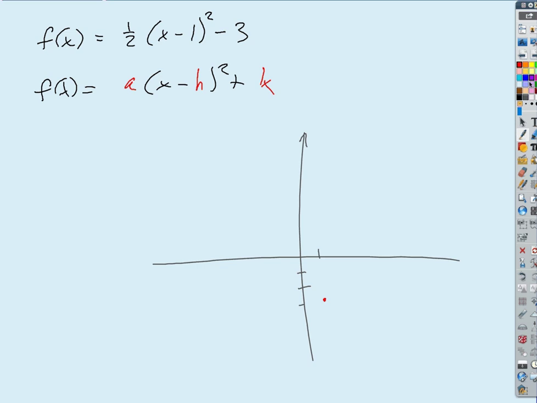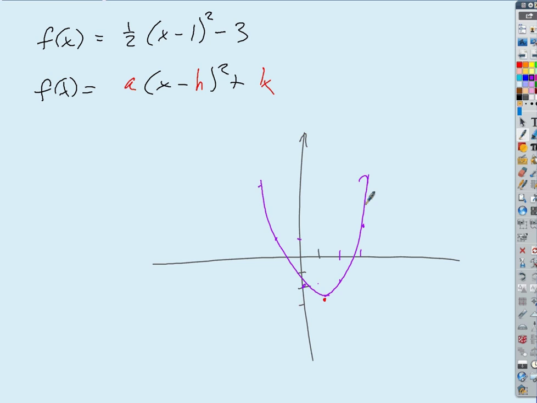For a normal parabola, when I go 1 to the right, how much up do I go? 1. When I go 2 to the right, I go up by 4, right? So I'm going to be up to about there, and I go back by 1, so it looks kind of like that. It's not a very good parabola, but you get the idea. There's my parent graph, the parent shape.